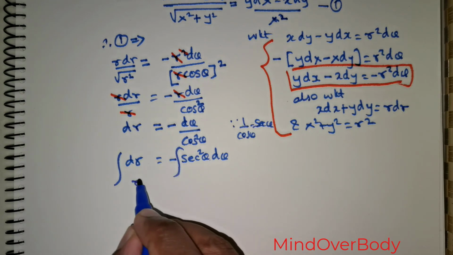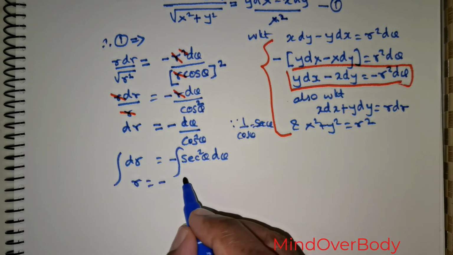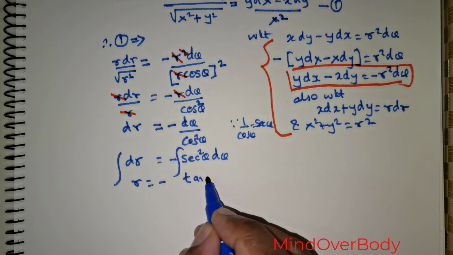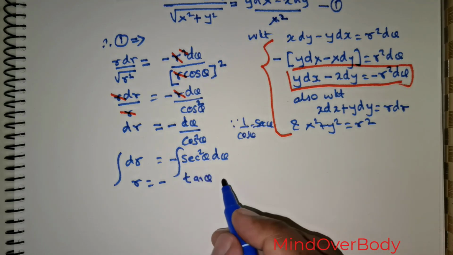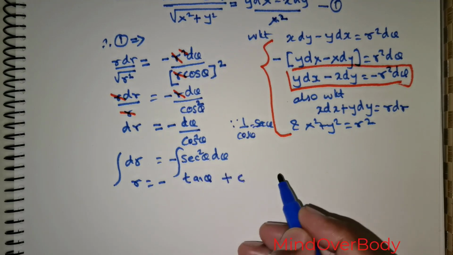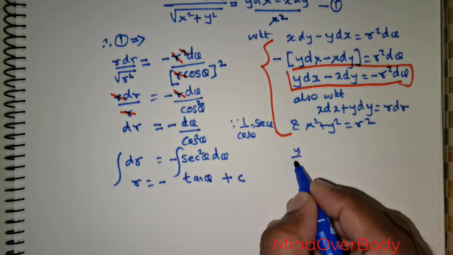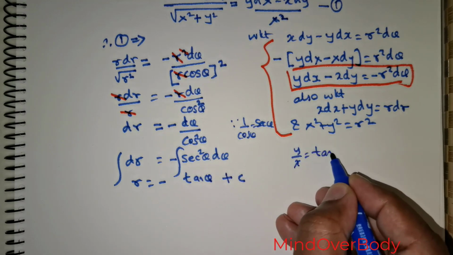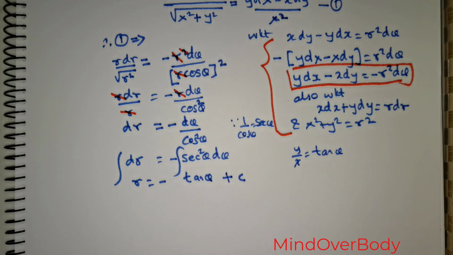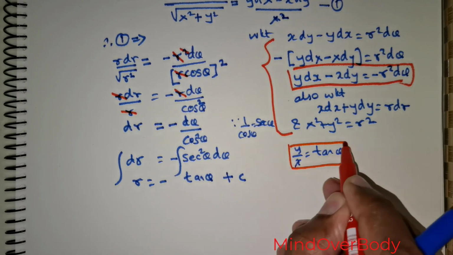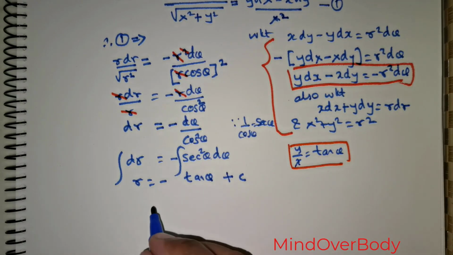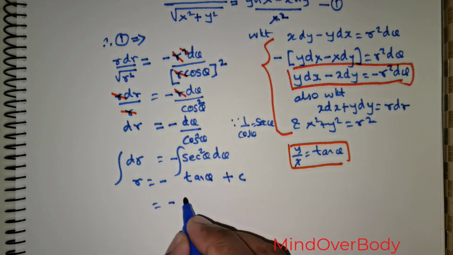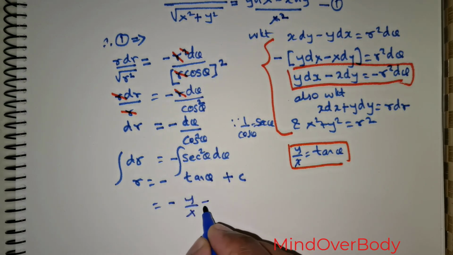Integral of dr would give me r, integral of secant square theta would give me tan theta, and of course arbitrary constant c. Now we know that y over x is equal to tan theta, so I would be using that over here. So that's going to be negative y over x plus c.